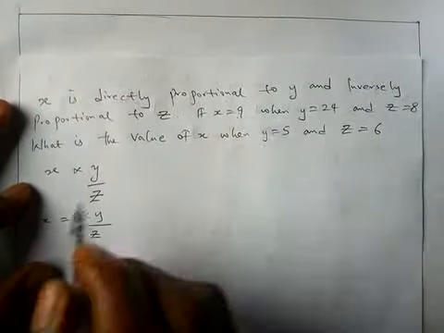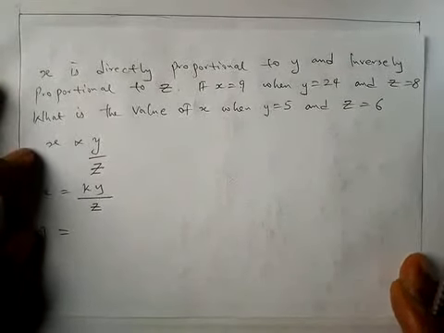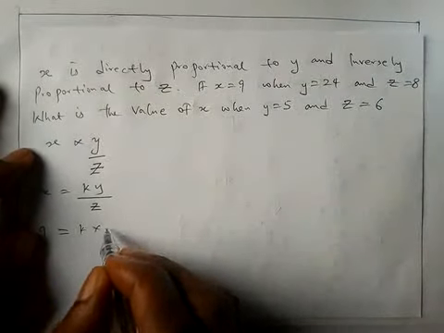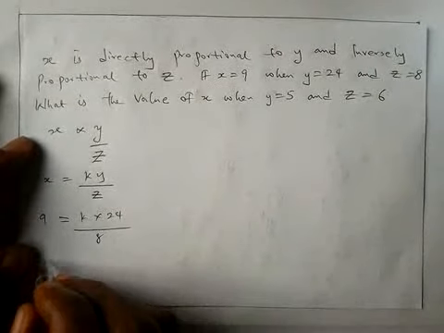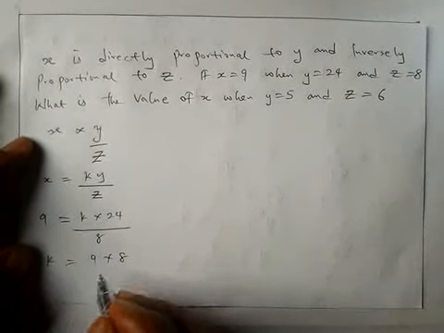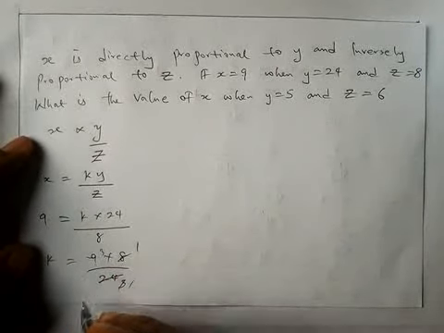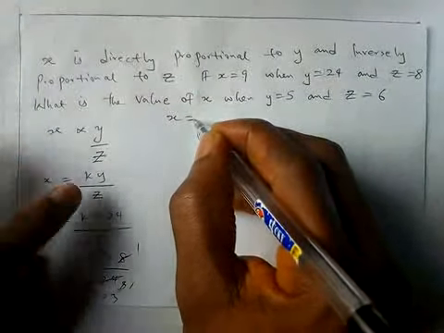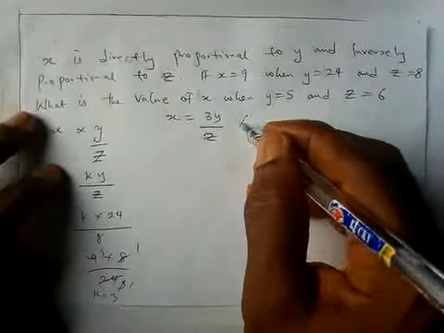Now when S is 9, y is 24 and z is 8, so k is equal to 9 times 8 over 24. This 8 and 24 reduce, so k is 3. So if k is 3, S is equal to 3y over z. This is the relationship.